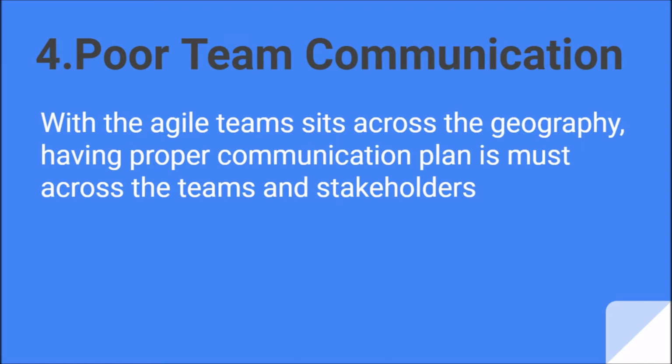So let's move on to the fourth challenge, which is poor team communication. In the agile model we bring complete collaboration across all the stakeholders. It could be PMs, PO, Scrum Master, BA, documentation team, developers, testers.